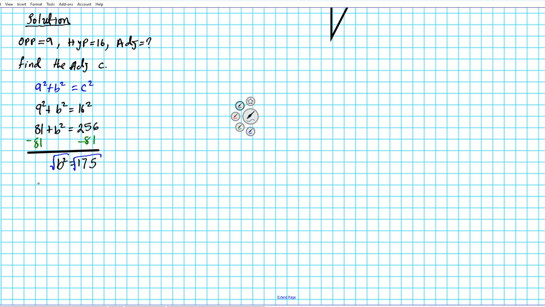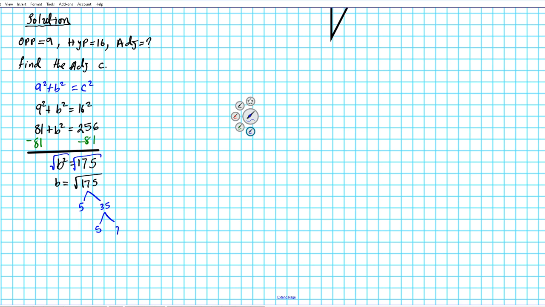And then we're going to have b squared, b is the square root of 175. So let's see, can we reduce this, simplify it further? We have a multiple of 5, since the number ends in 5, so we can factor out a 5. 5 goes into 175 35 times. 5 goes into 35 7 times.